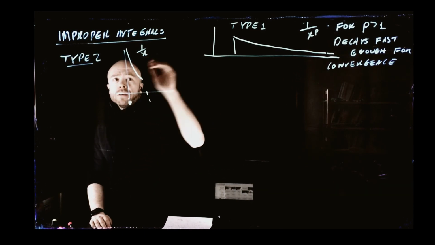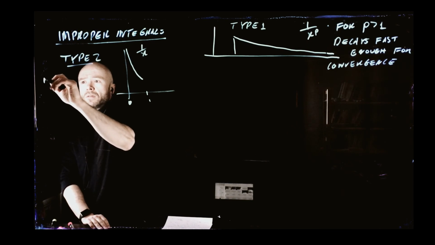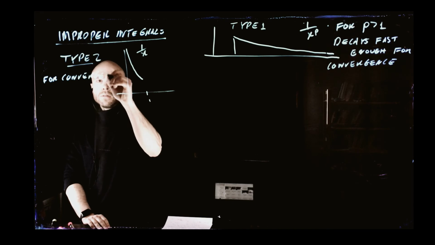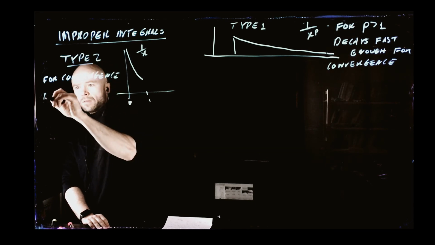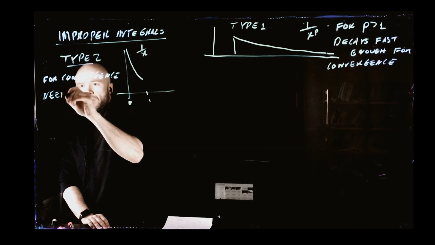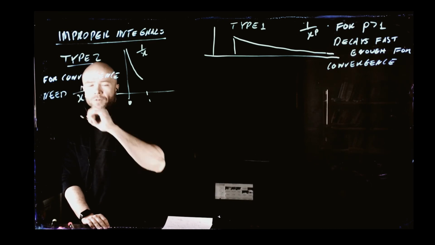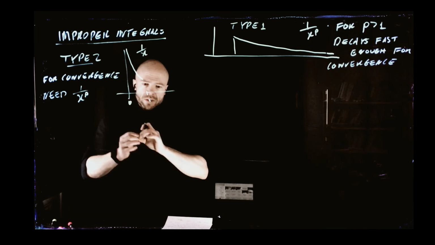So if we think about what that requires, that means we need a singularity to be blowing up like 1 over x to the p, right? But now p has to be between 0 and 1.